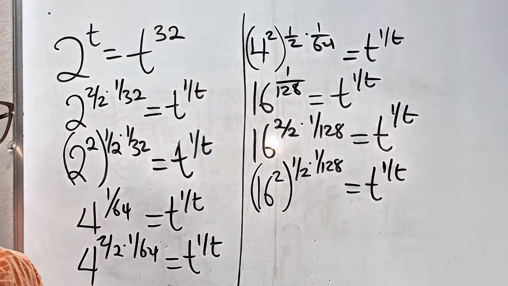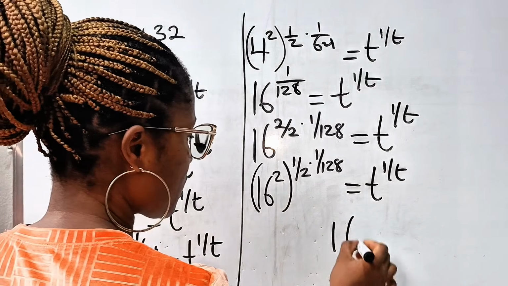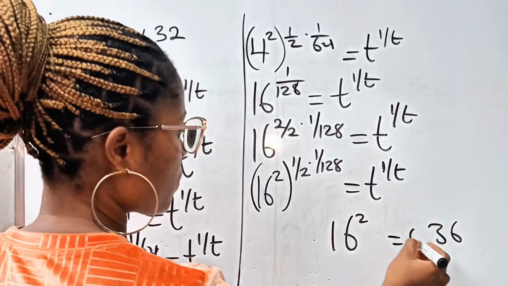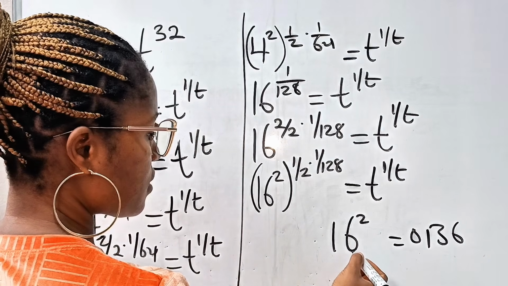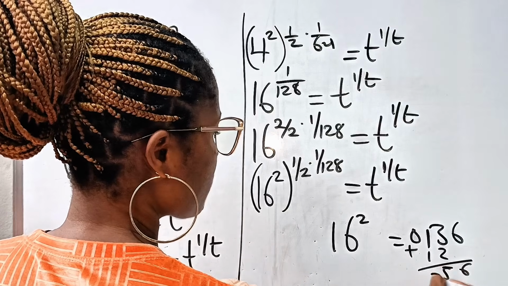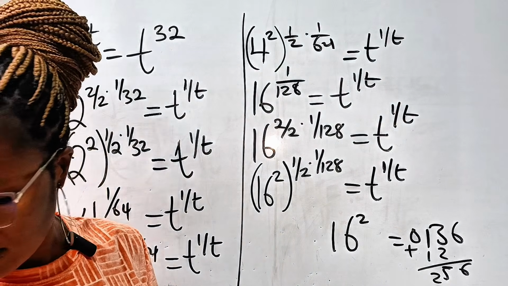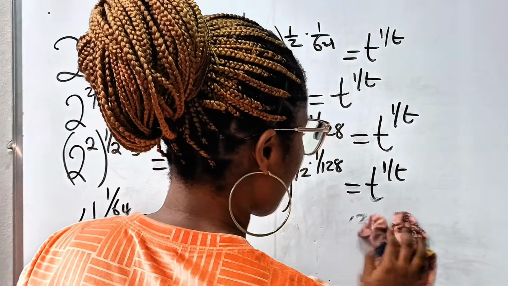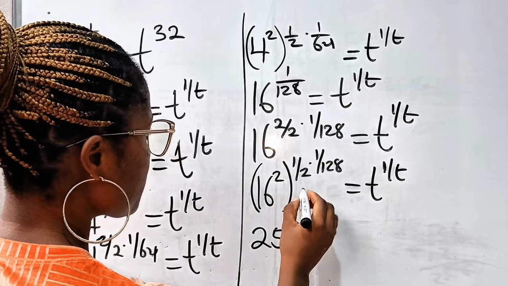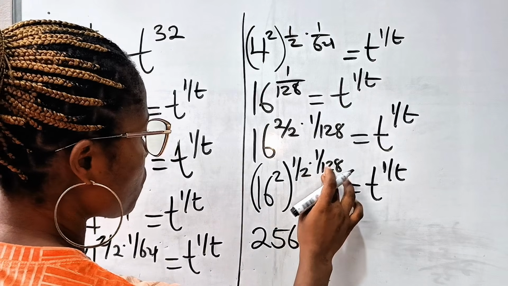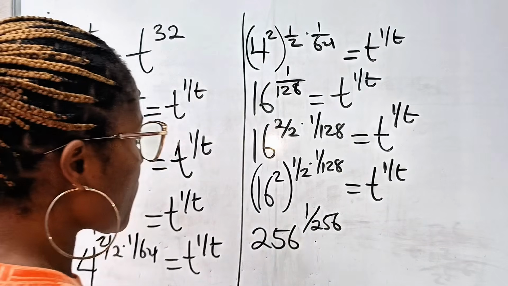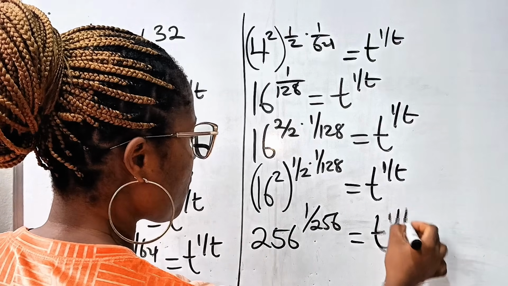Now 16 to the power of 2 is, let's use our math trick. 6 squared is 36. 1 squared is 1, 0, 1. 1 times 6 is 6, 6 times 2 is 12. We add 6, 5, and 2, 256. So we have 256 raised to the power of 1 over 2 times 128, which is also 256. Is equal to t to the power of 1 over t.